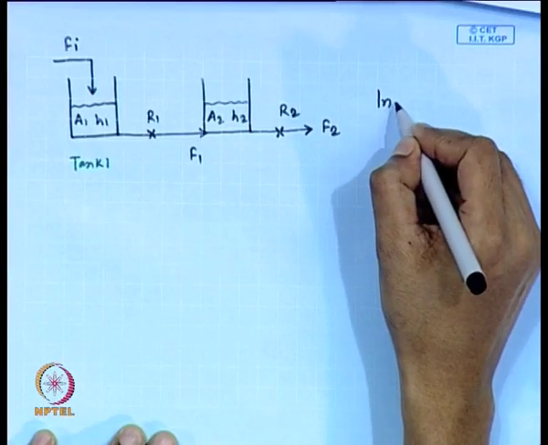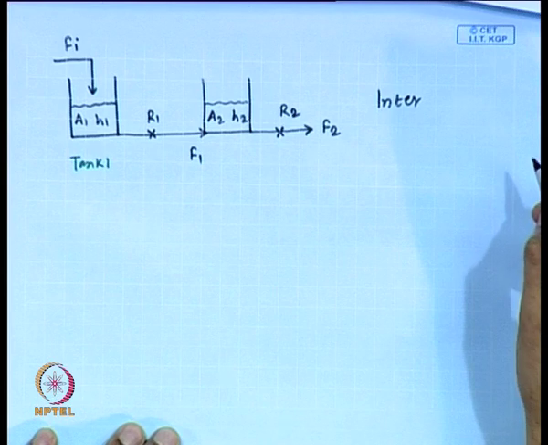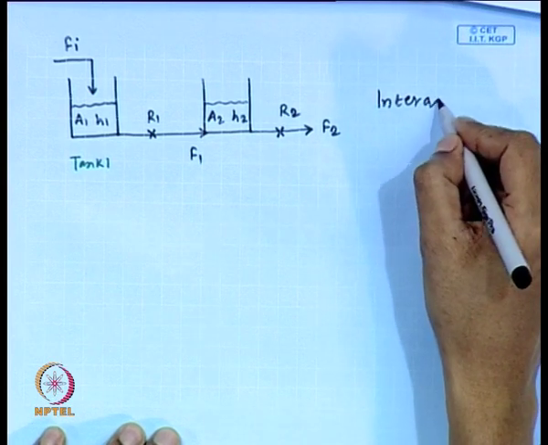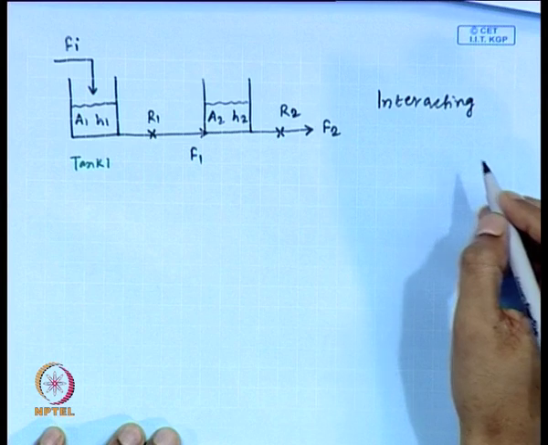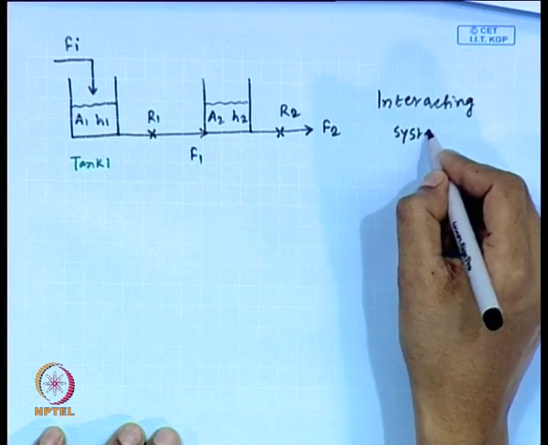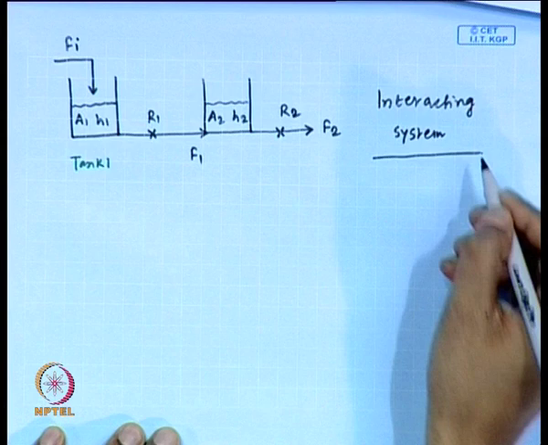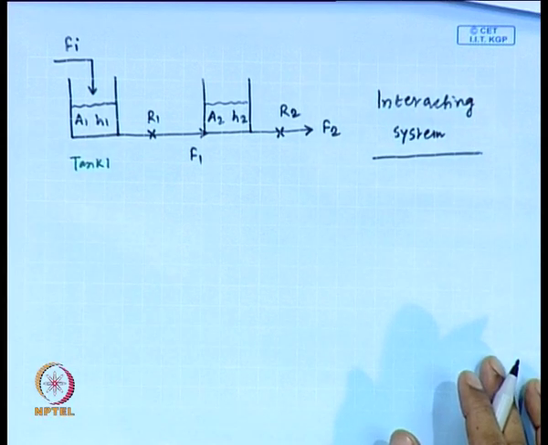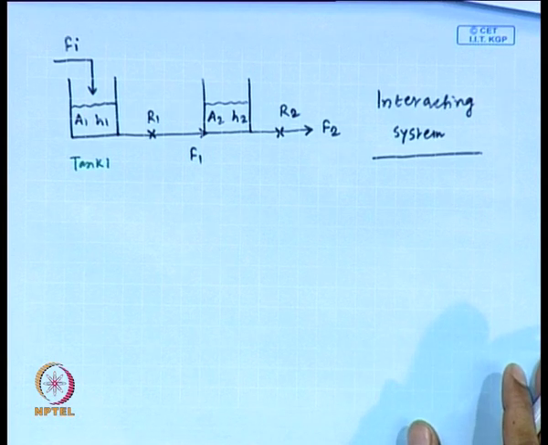So, for this type of systems we will use the term interacting system or interacting tanks. Fine. Now, we will try to derive the overall transfer function for the case of non interacting tanks, and next we will consider the case of interacting tanks.